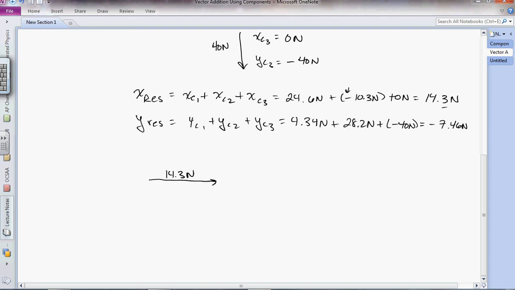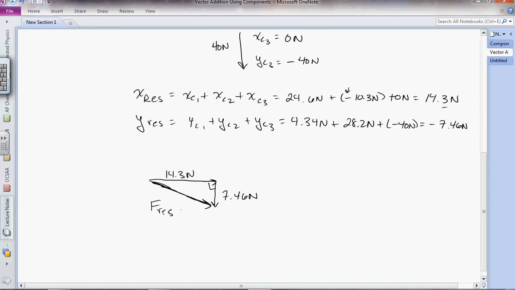And the y component, because it's negative, will point down, and as soon as I draw a vector down, I'm taking into account the negative, so you don't have to include it in there. The resultant force of these two is the hypotenuse of this triangle. So I'm going to call this the resultant force.